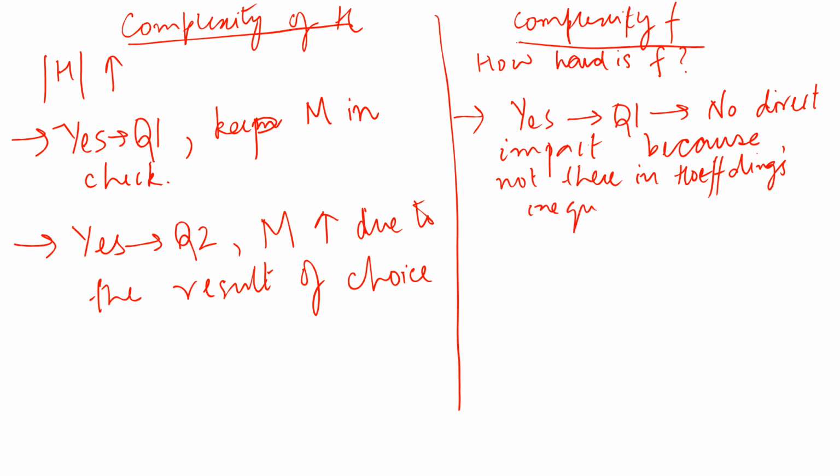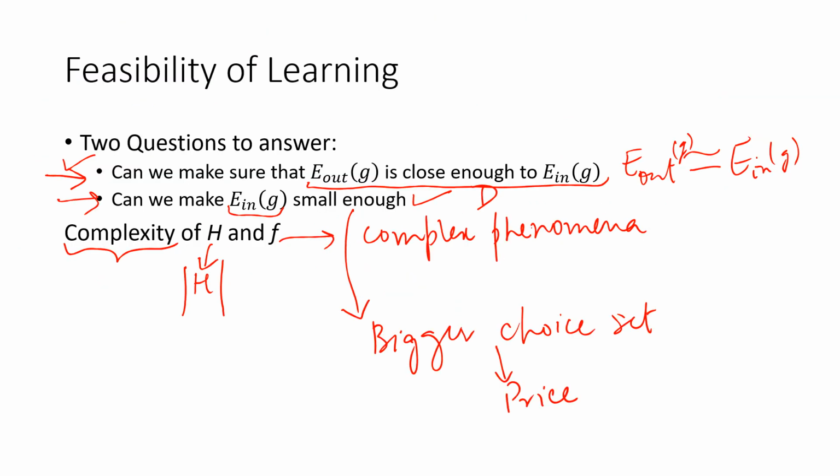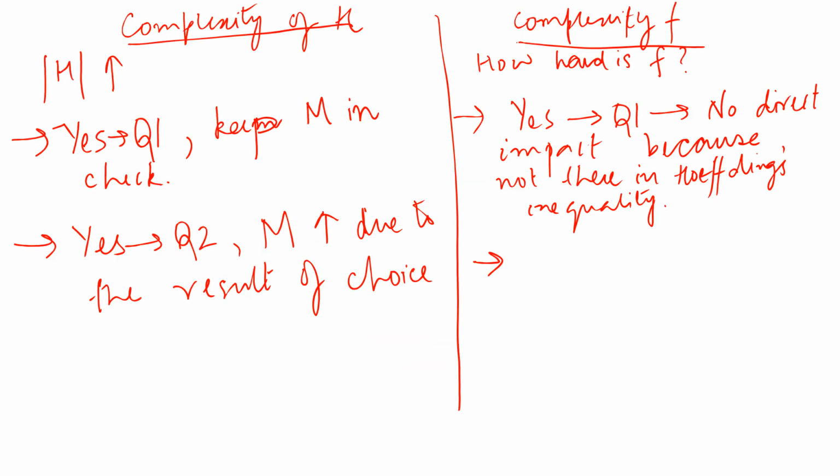But when we start answering question two, you'll see this might get impacted. Question two: can we make E in small enough? Well, the quick answer is, if f is complex, then the data D that I have is a result of f somehow, because I got the data from somewhere.